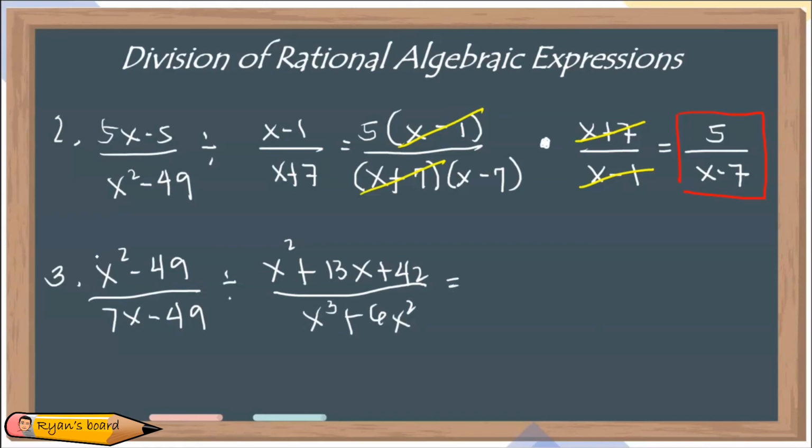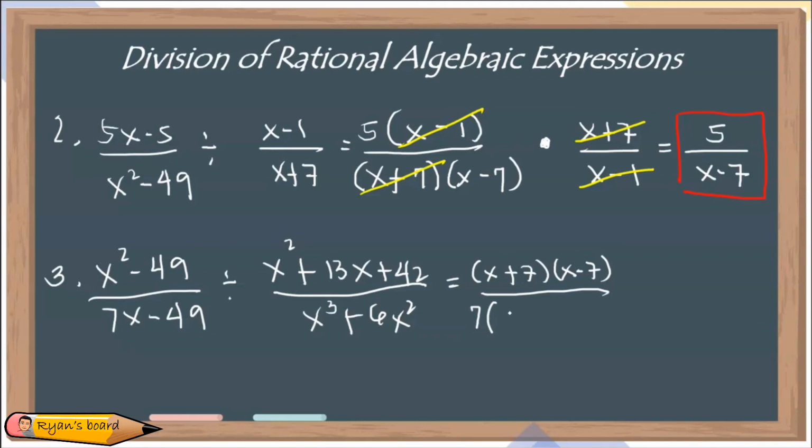Now, yung x squared minus 49, this is the same with number 2, no? So we just copy this one. So x plus 7, x minus 7. How about 7x minus 49? Difference of two squares pa rin ba ito? Hindi na. Kasi ang 7 ay hindi siya perfect square. I think this is common monomial factor. Ano ang GCF niya? That's 7.